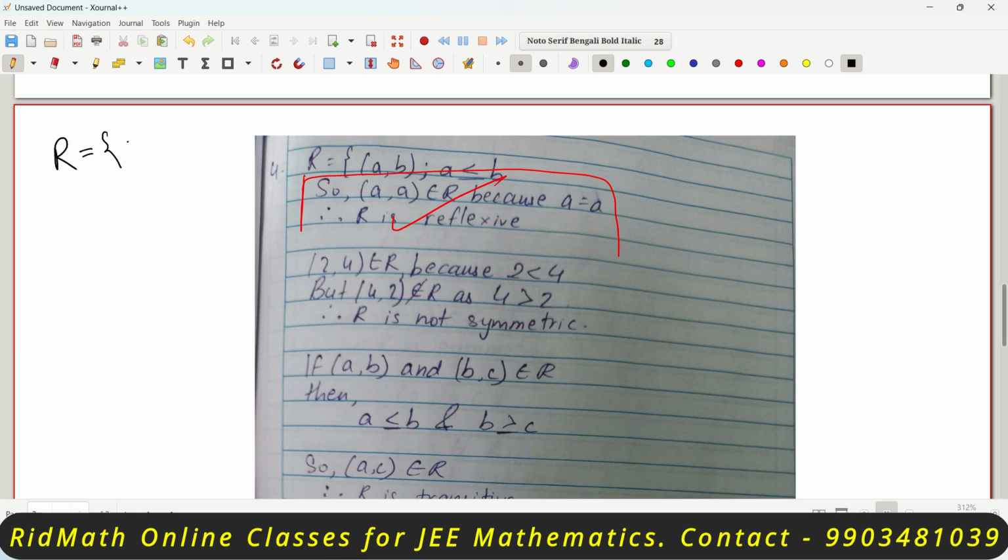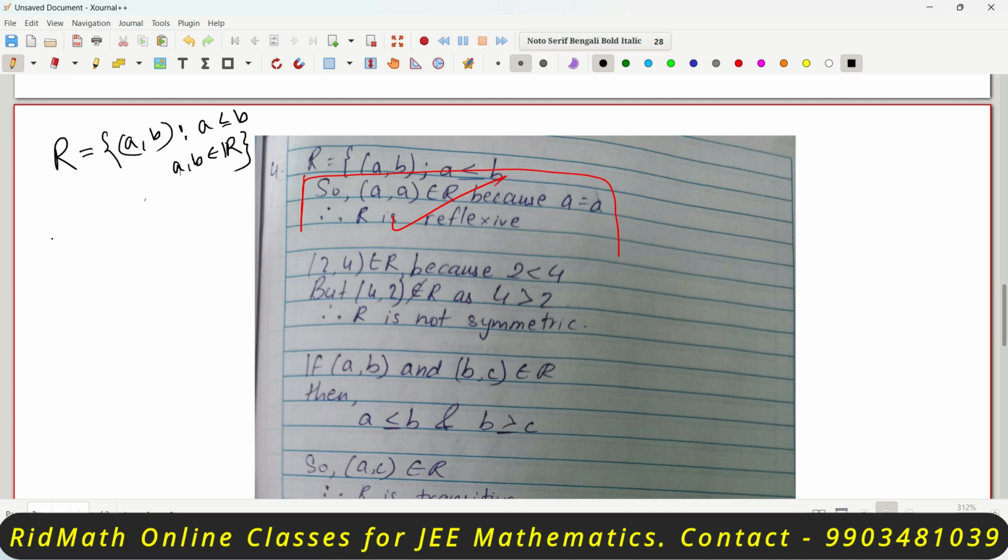You have to write R = {(a, b) such that a ≤ b}, and here you have to write (a, b) belongs to R because the relation is defined on the set of real numbers.